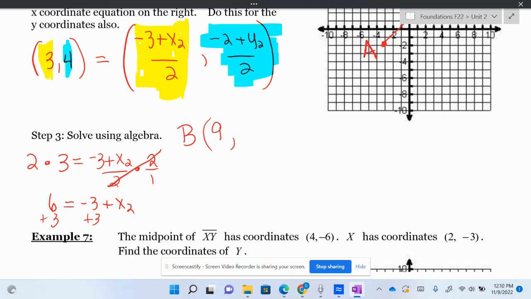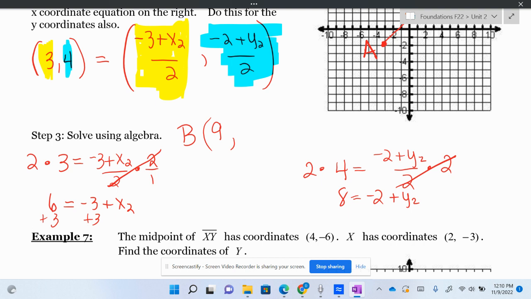So now let's figure out what the Y coordinate is. Okay. So I know that 4 has to equal (-2 plus Y sub 2) over 2. The only way to get rid of that divide by 2 is to do what? Multiply both sides by 2. The denominators cancel out. So I really have 8 equals -2 plus the Y coordinate.